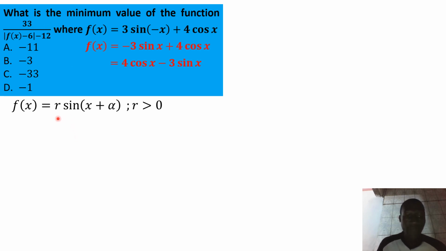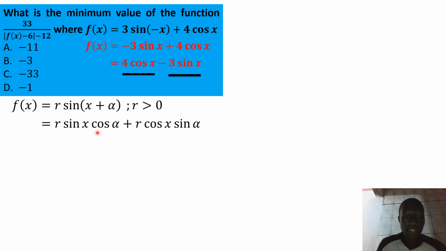Alright, but by the expansion rule of sine x plus alpha, if we expand, we are going to get r sine x cos alpha plus r cos x sine alpha. If we compare the coefficients, we are going to see that the coefficient of cos x here is 4, but in our expansion the coefficient of cos x is r sine alpha.